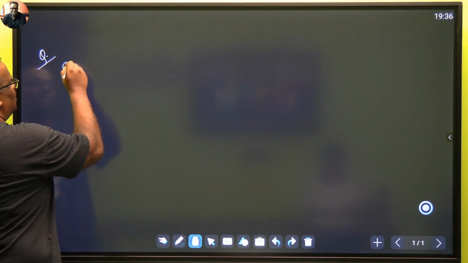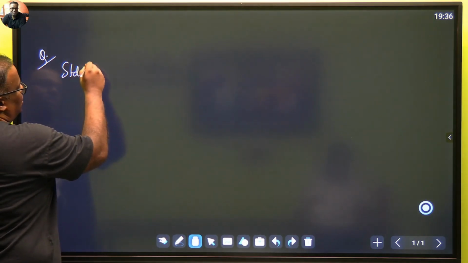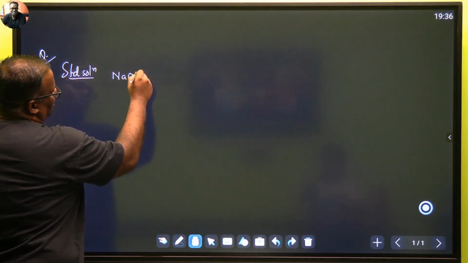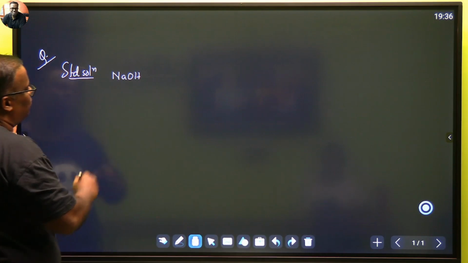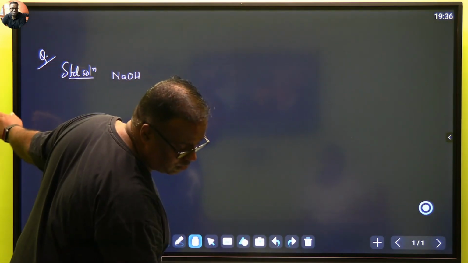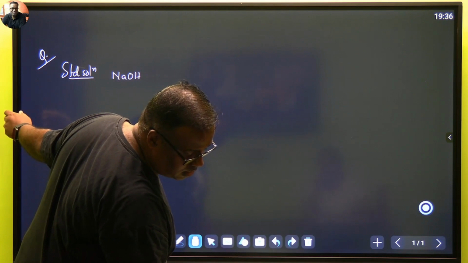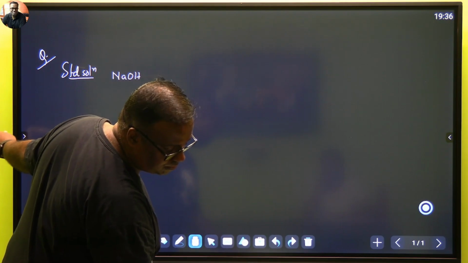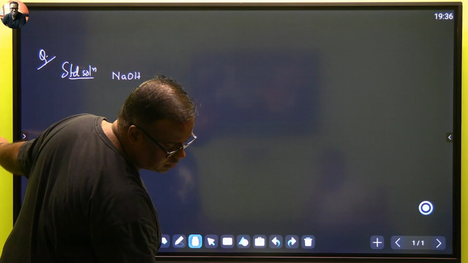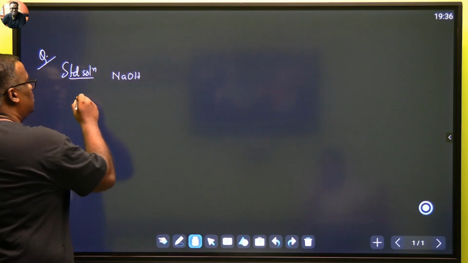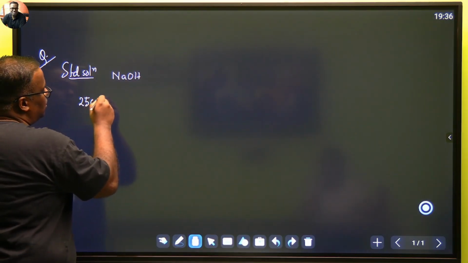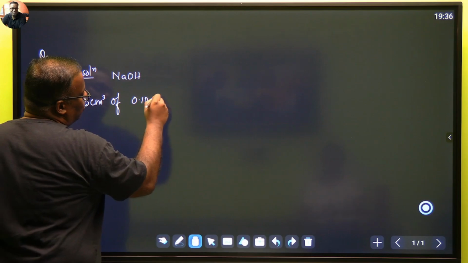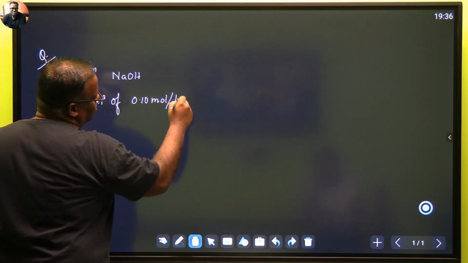We have got a standard solution. What is my standard solution? NaOH. And what data are given for NaOH? The data given for NaOH are 25 centimeter cube of 0.10 mole per dm cube.